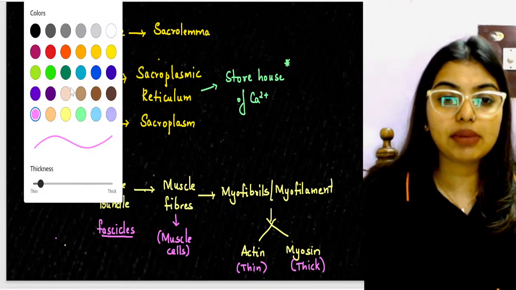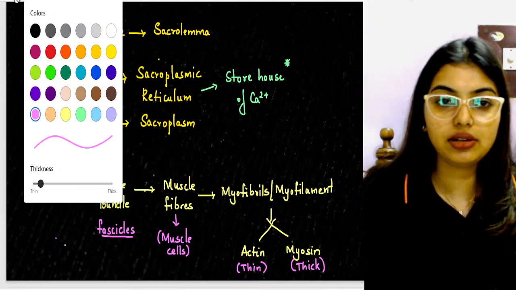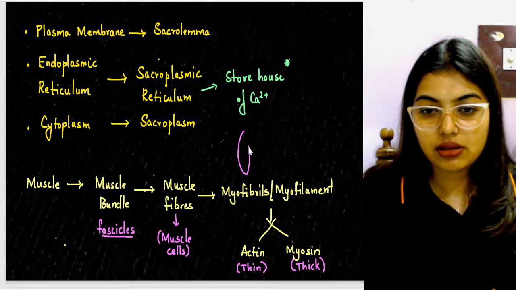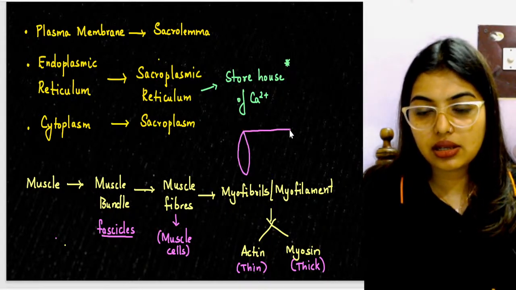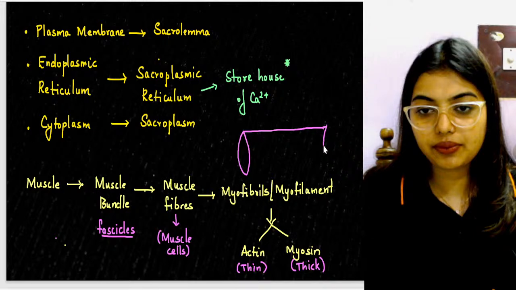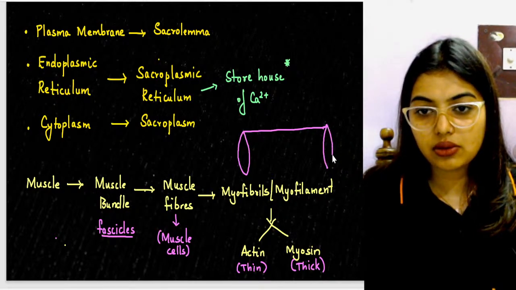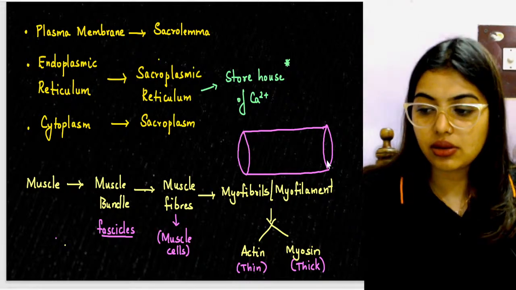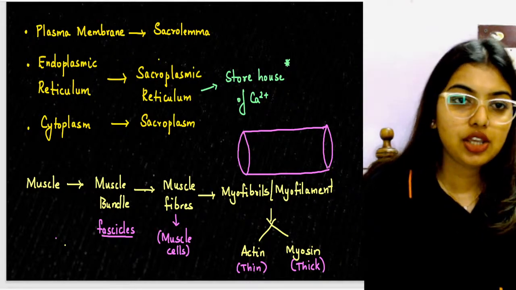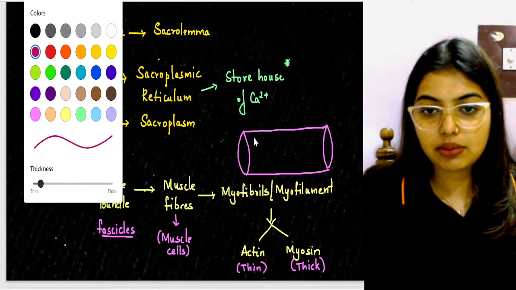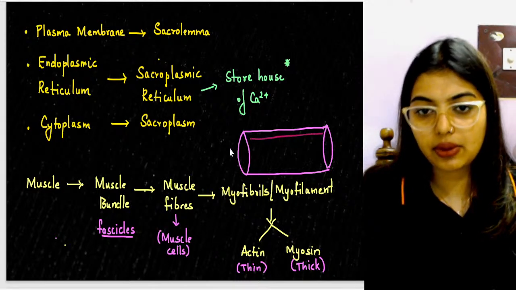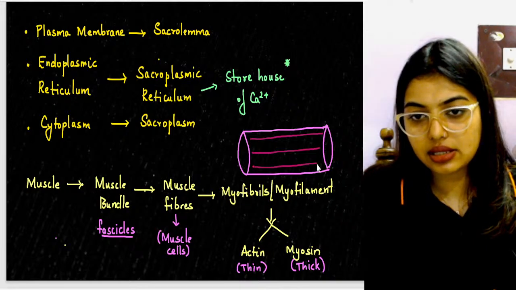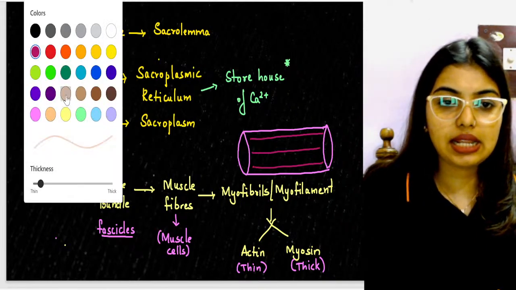That is why, if I'm drawing the muscle this way, like this, you will notice that there are some dark bands, I'm drawing the dark bands first, and there are some light bands.